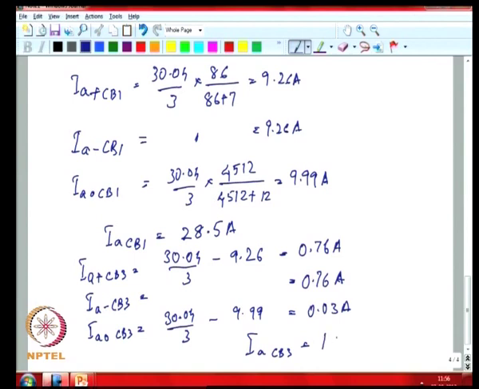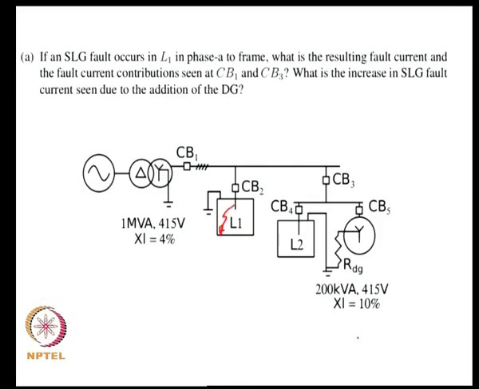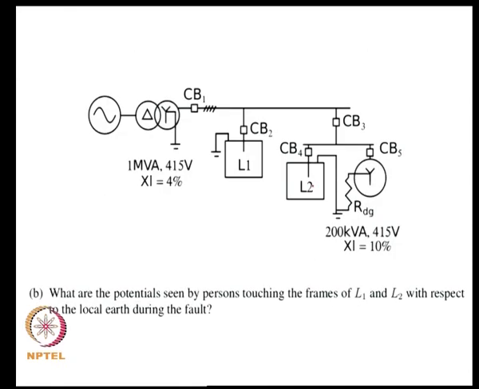So, you have about 1.5 amps flowing through the circuit. So, at this point you have calculated what would be the current flowing through CB1 and CB3 because of a fault in load L1.